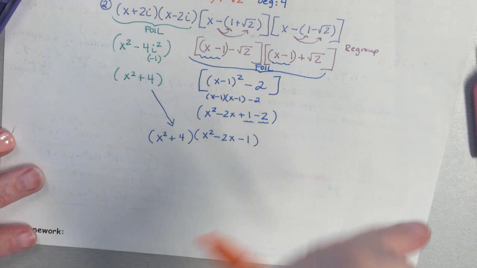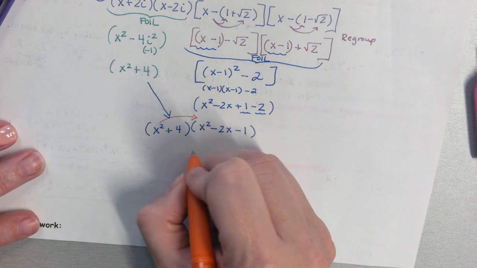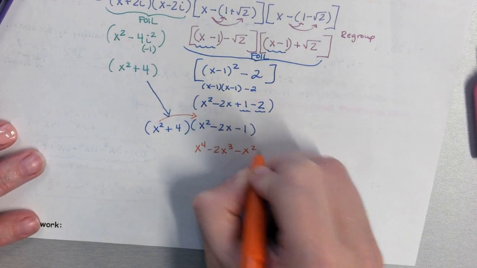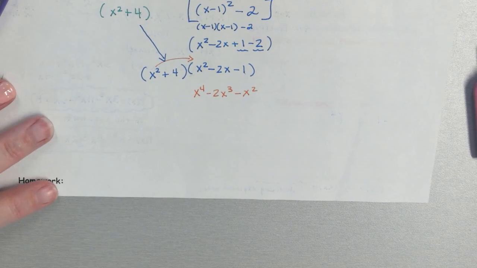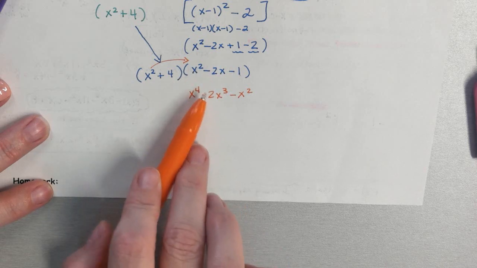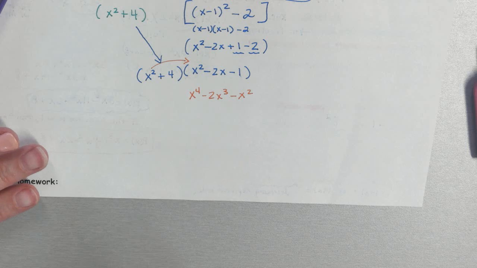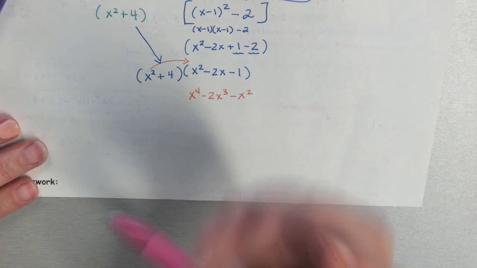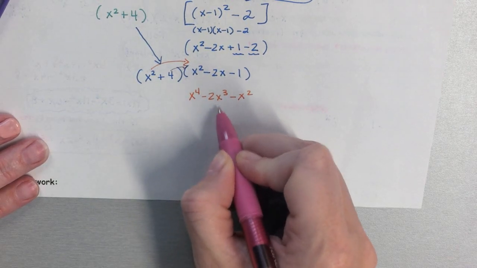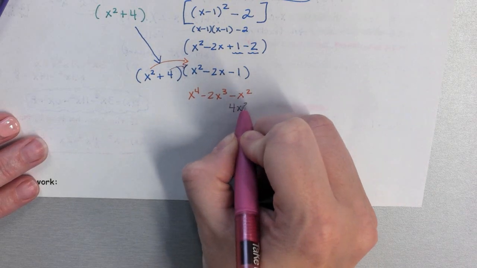So when you distribute, first we're going to multiply everything by x squared. So this becomes x to the 4th minus 2x cubed minus x squared. Right? So all the exponents are just going up by 2. And then be careful with this one, because when you distribute 4 times x squared, don't line it up here. This isn't x squared. A lot of times it goes there, but look, this one will be here.